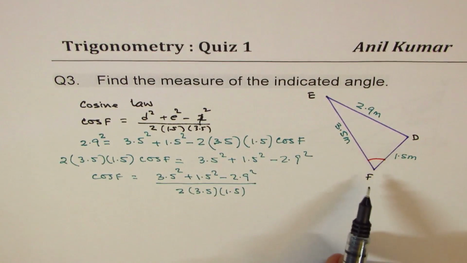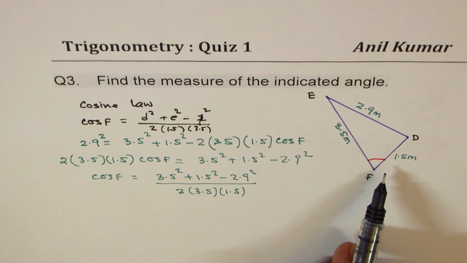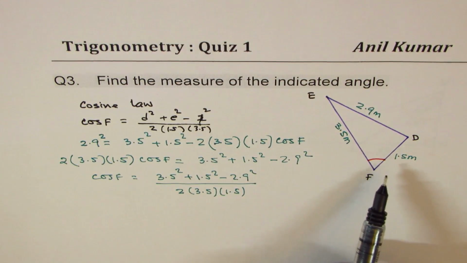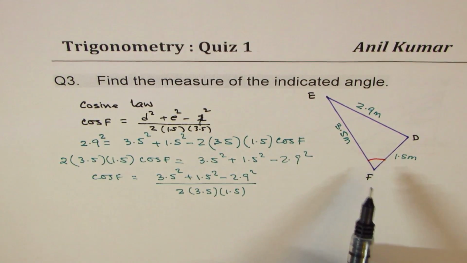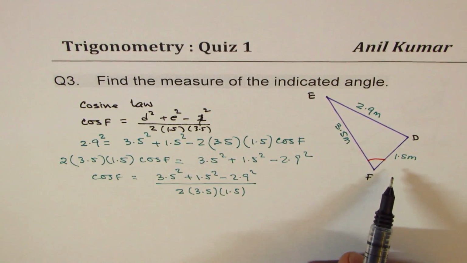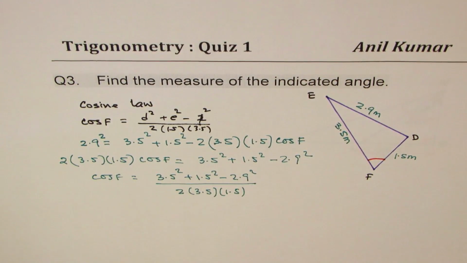And then we can find the angle F, correct? So that is how you could find angle F using cosine law.